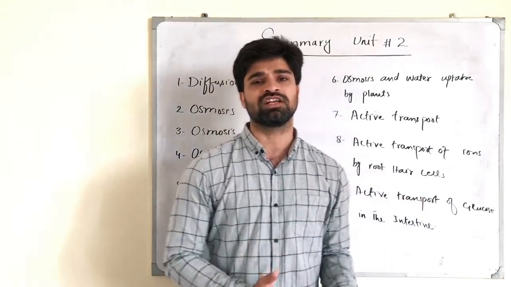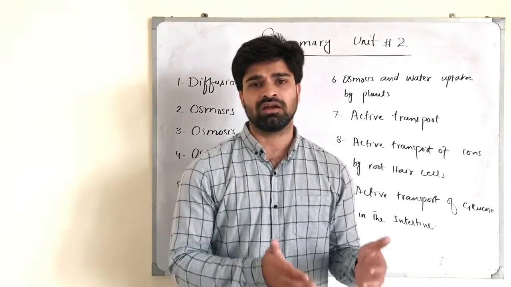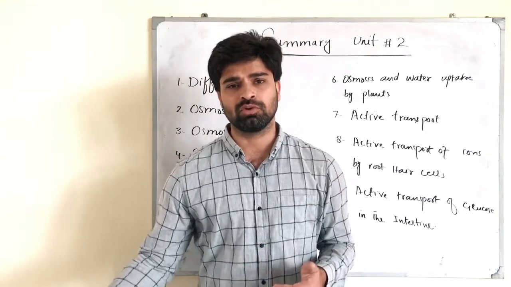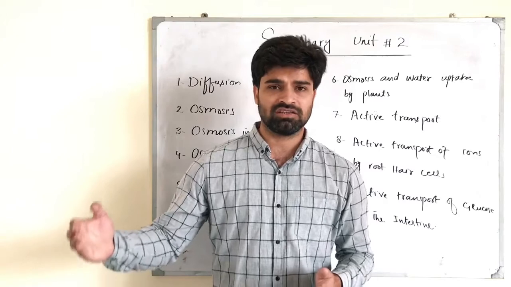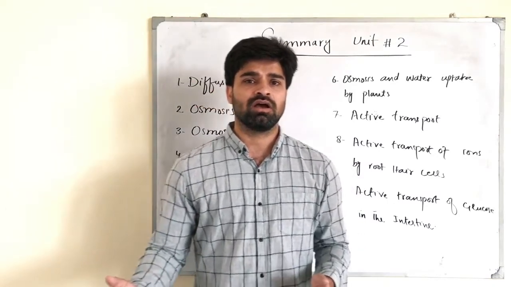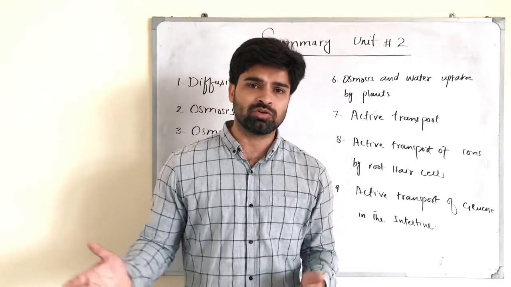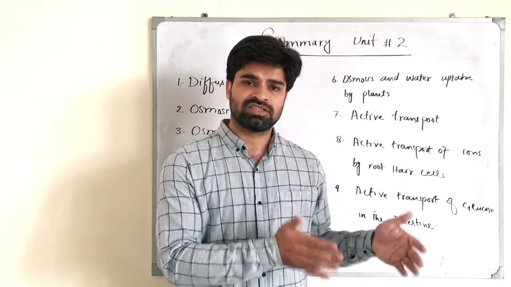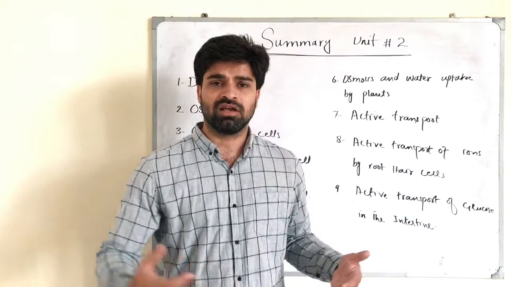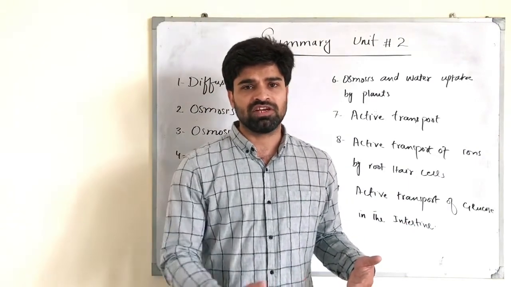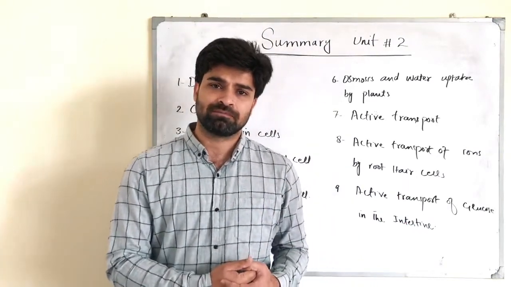In the root hair cells the ions are more as compared to the ions present within the soil, but these ions need to be accumulated in the root hair cells or the other parts of the plant, so they are actively transported inside the cell.